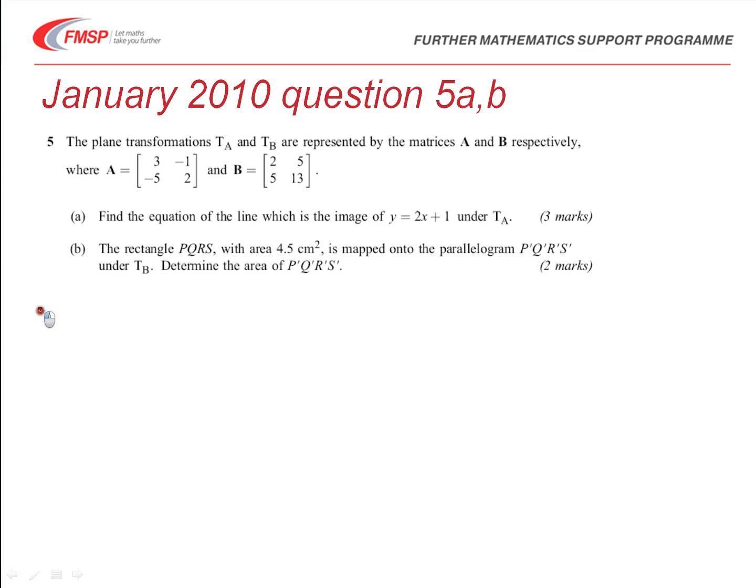So if we do that, what we're going to get, remember the matrix goes in front of the coordinates on that line. So to describe a coordinate on that line, if its x value is little x, then its y value is given by 2x plus 1.